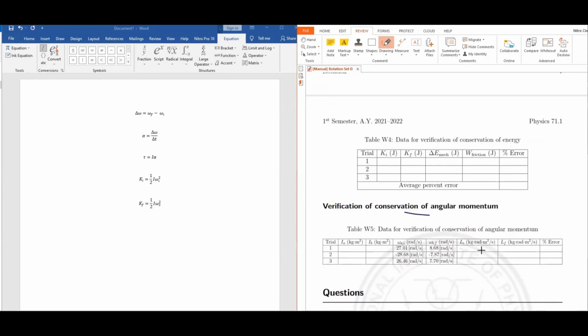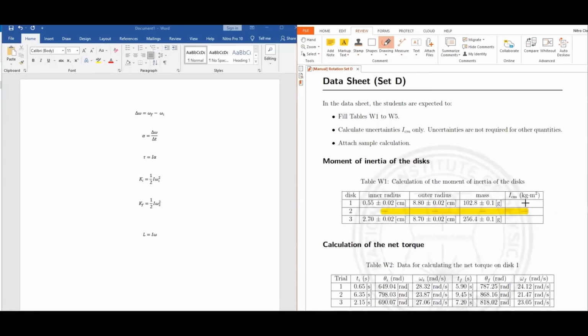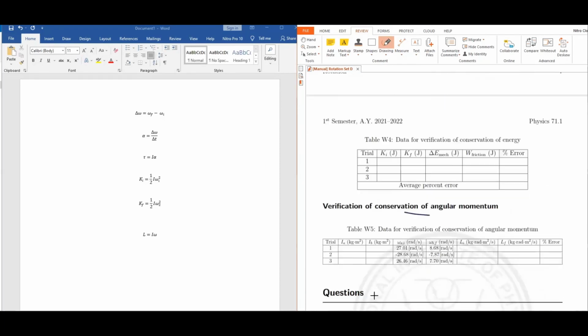So you have here your L, your angular momentum, again, which is just simply equal to I omega. So you have your Li, Lf. Parehas lang lalagay nyo dito sa trial 1, 2, 3. They have the same moment of inertias. Yung sagot nyo lang dito sa table 1 ang ilalagay nyo for each column.